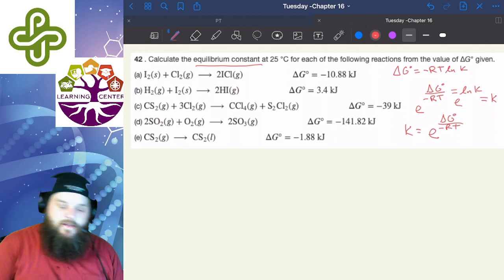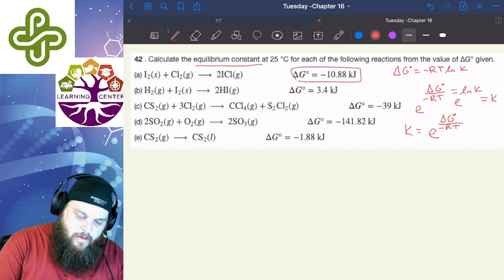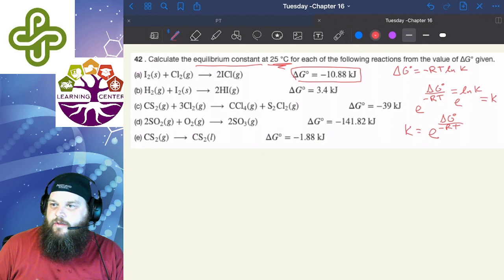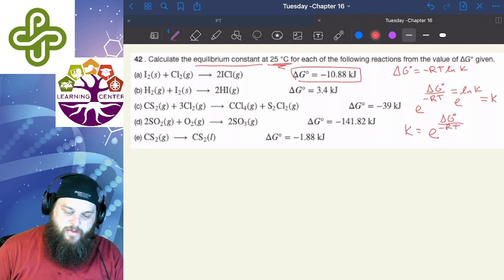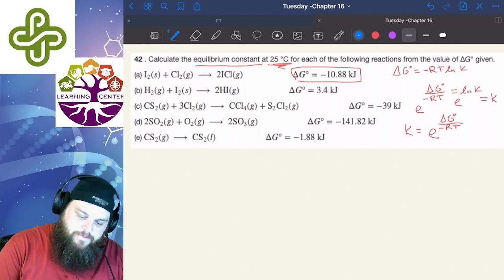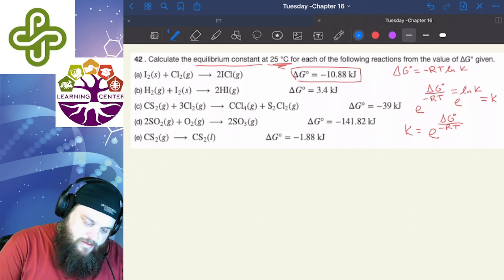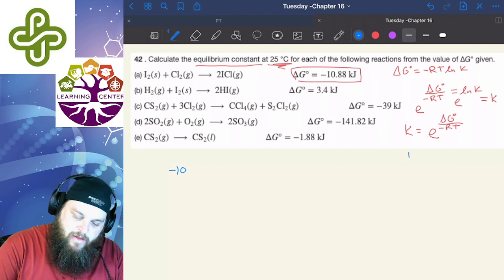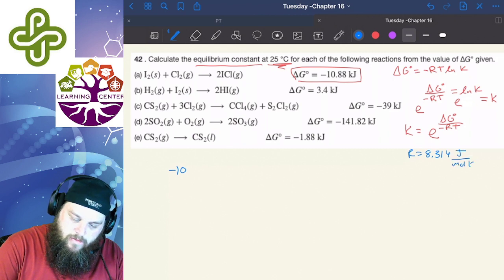And here they're giving us the delta G value, and they're saying everything's at 25 degrees Celsius. So all we really have to do is plug and chug at this point. To start off with part A, that's negative 10.88 kilojoules. I want to convert that into joules because my R value is equal to 8.314 joules per mole Kelvin.